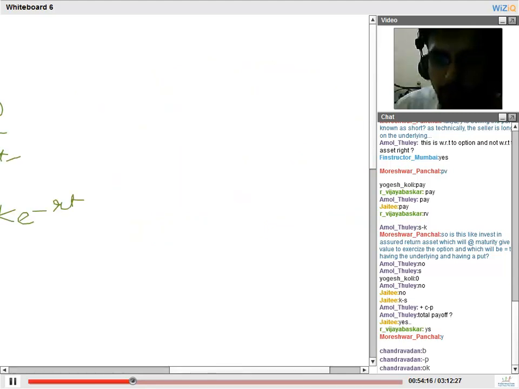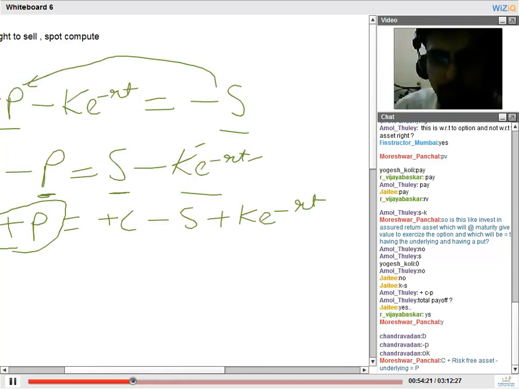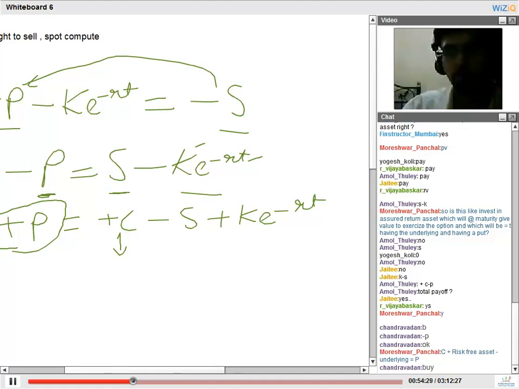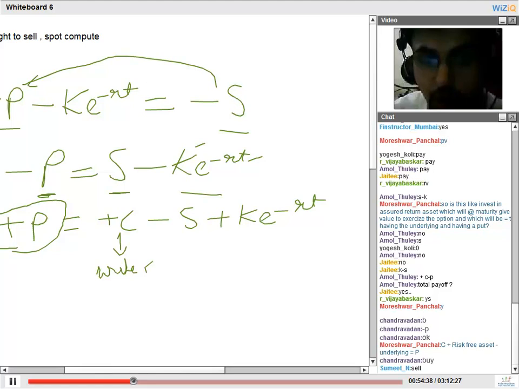Okay, rearrange it. He asked me writing a put, so I got plus P on one side. Plus C means what? Buying a call or selling a call? I'm receiving the premium, plus C. I have to write the call, write call or sell call.